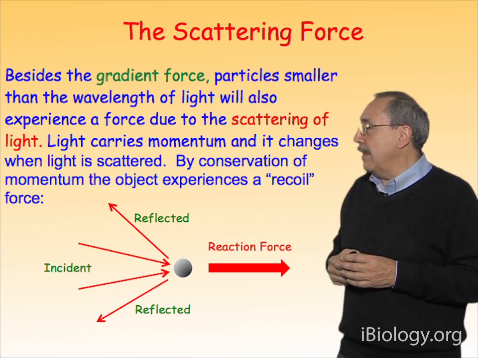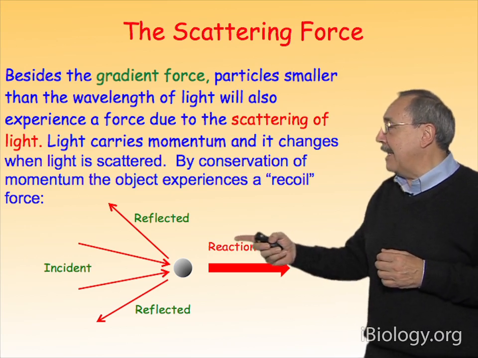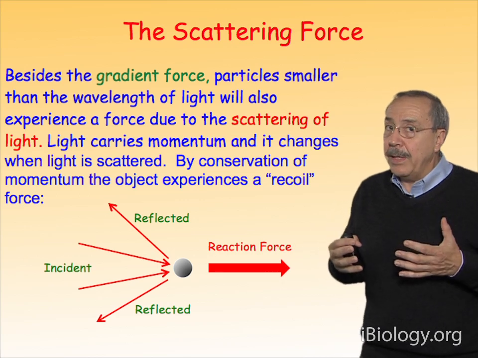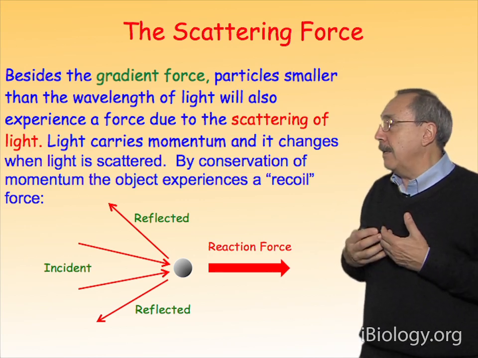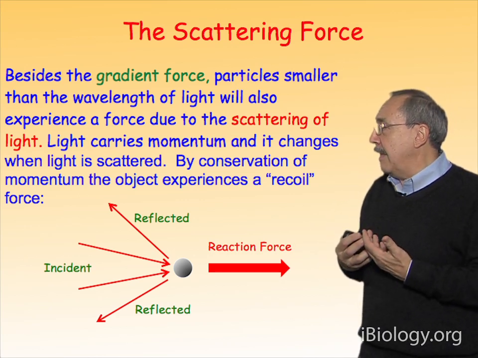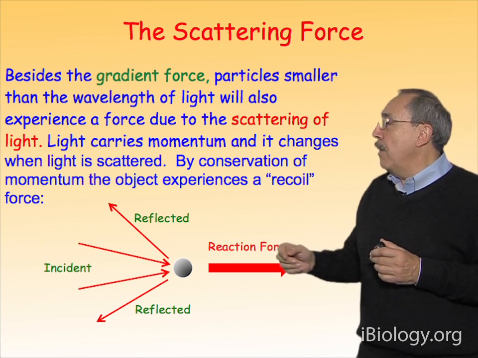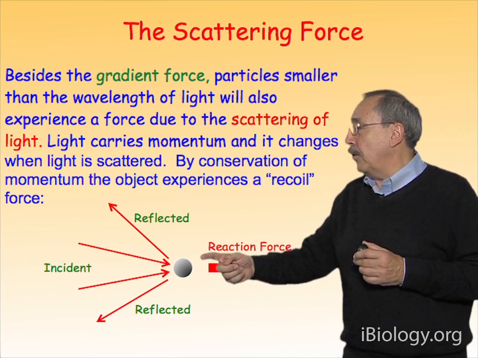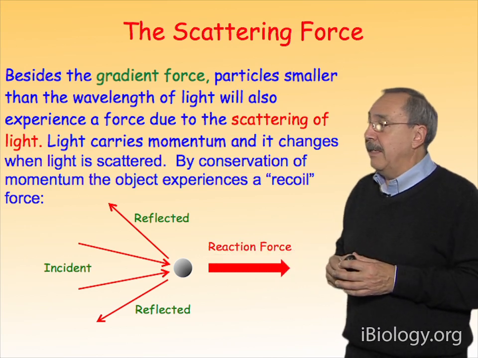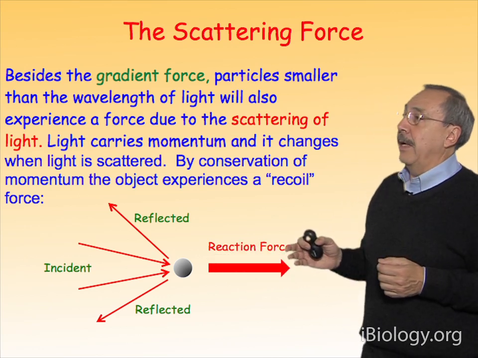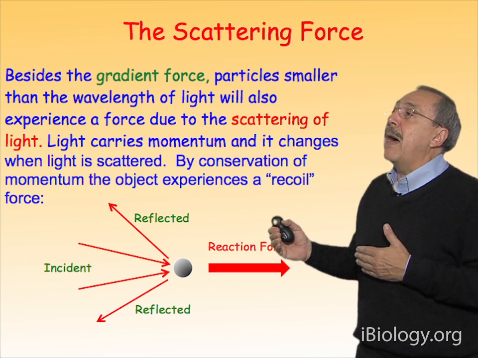And it turns out that because light carries momentum, right? Remember, light carries momentum, and each photon of the light carries an amount of momentum that is equal to the Planck constant divided by the wavelength of light. Then what is going to happen is that these photons that actually were coming, in this case, from left to right, and hit the atom, are going to be bounced back.